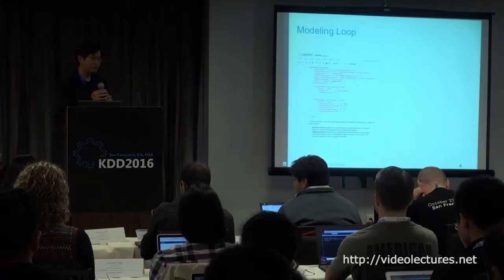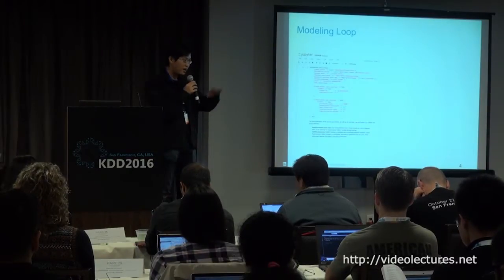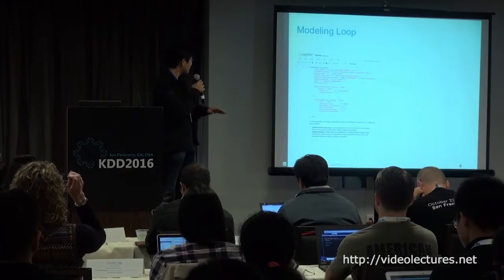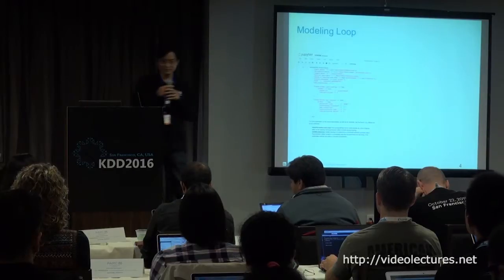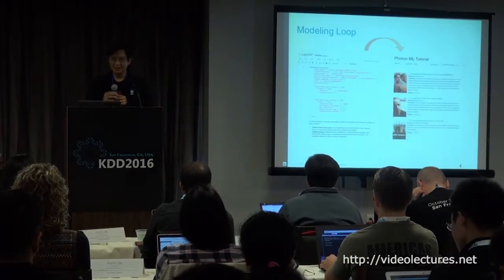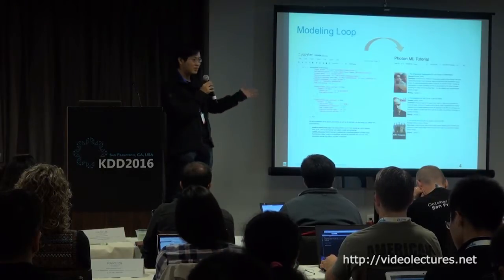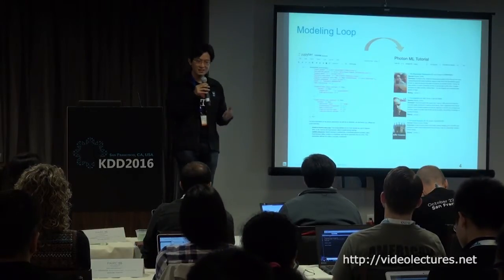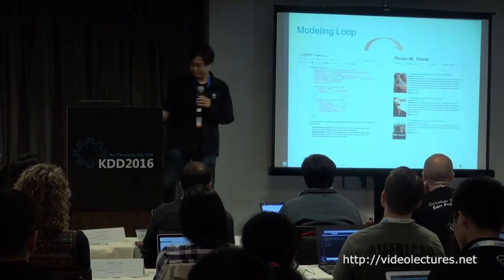So just a preview of what we are going to learn. We are going to use the Photon ML library, which is implemented in Spark, to train a model, and then deploy the model to a simple web interface and look at the recommendation results. On this result page, you can label or rate a few movies.